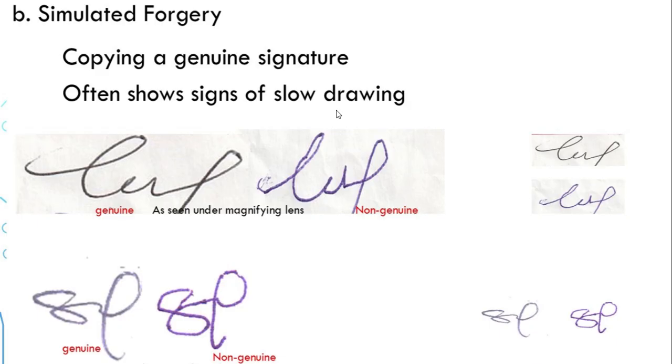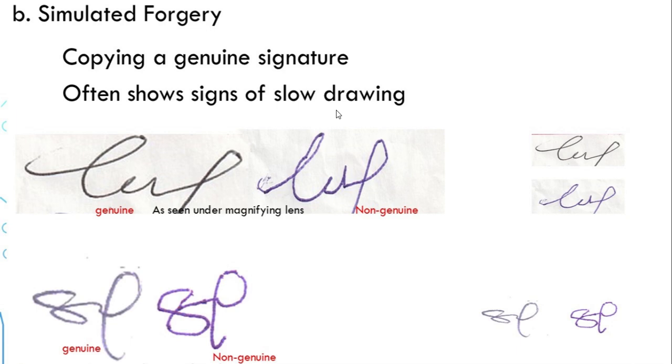So that is for simulated forgery. Then we have another one, trace forgery. In a trace forgery, the instrument they use for it, they will need an original document.